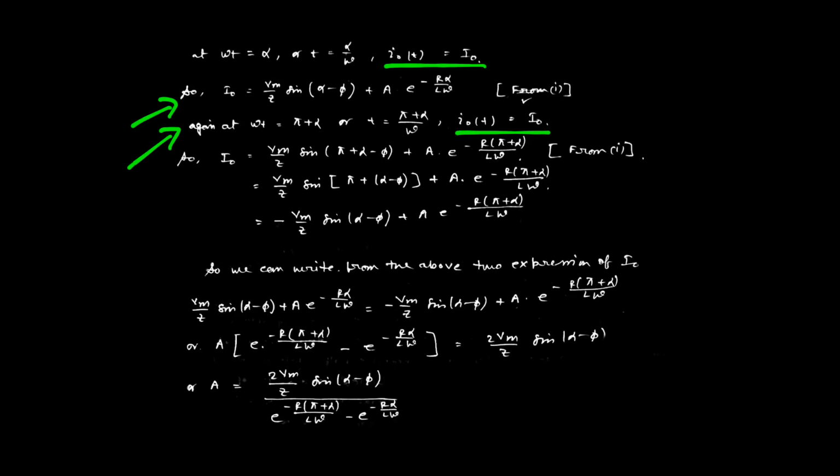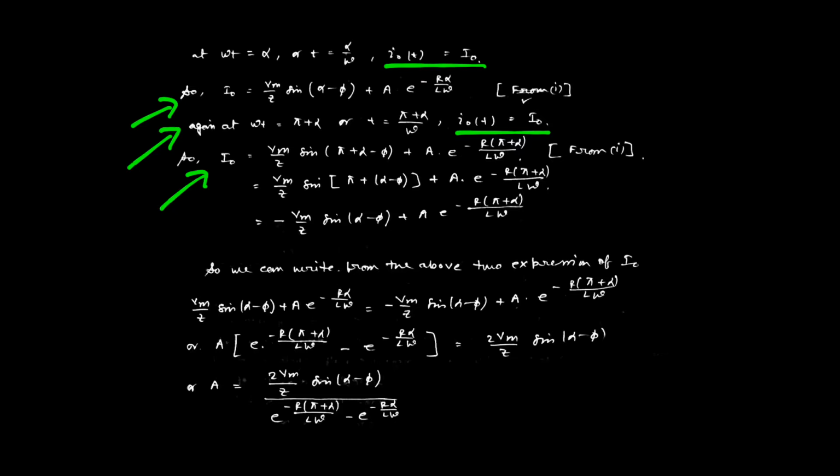We can express I0 equal to Vm by Z sin(pi plus alpha minus phi) plus A into e to the power minus R(pi plus alpha) by L omega, from the same equation 1.